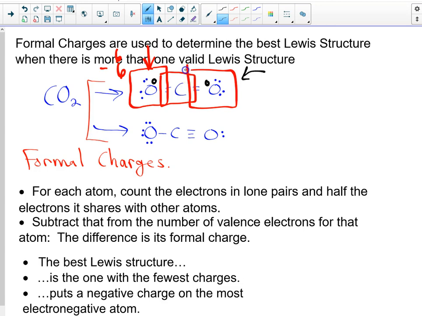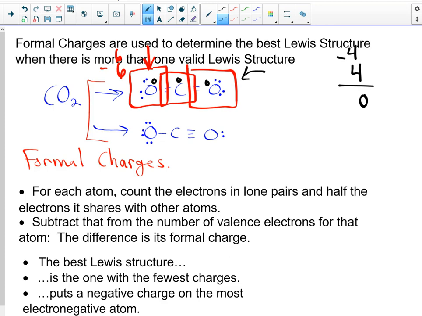Half of 8, which is 4. Is everyone okay with that? All right, so it has 4. I subtract it from the number of valence electrons, and I get 0, right? Okay, so in this structure, all 3 of them have a formal charge equal to 0.